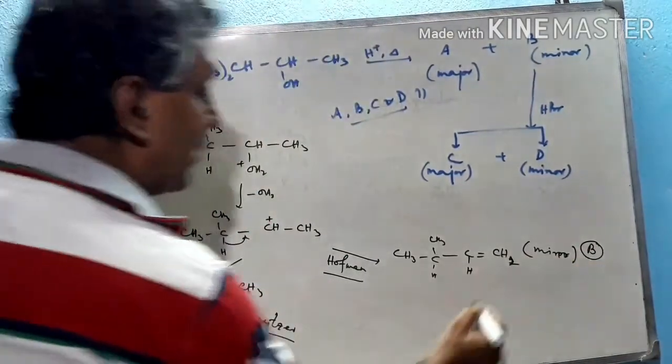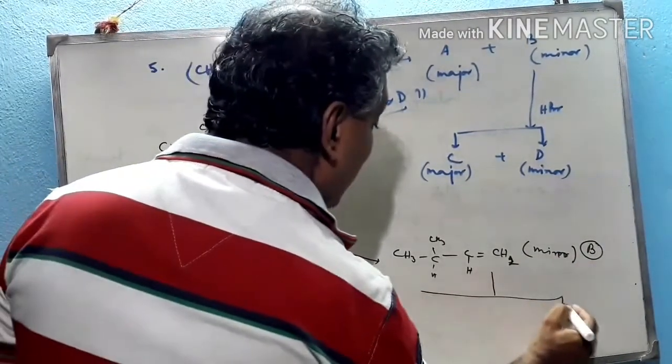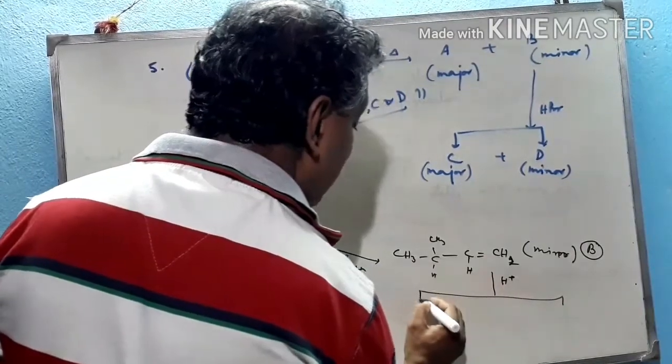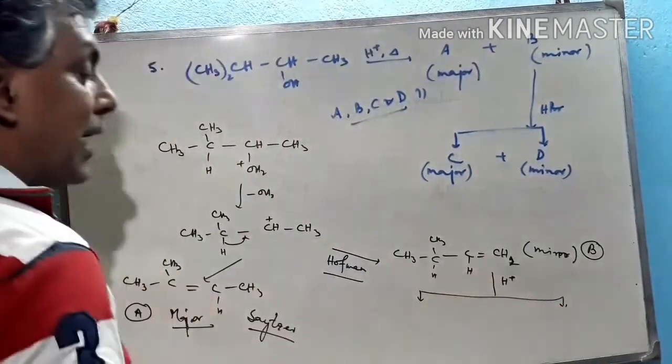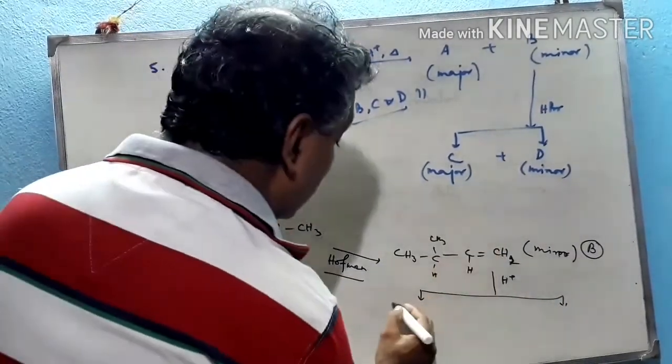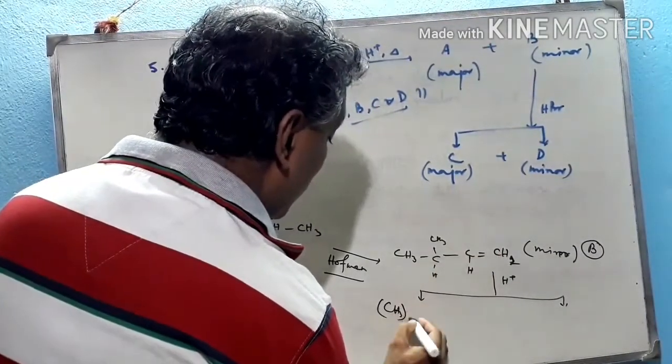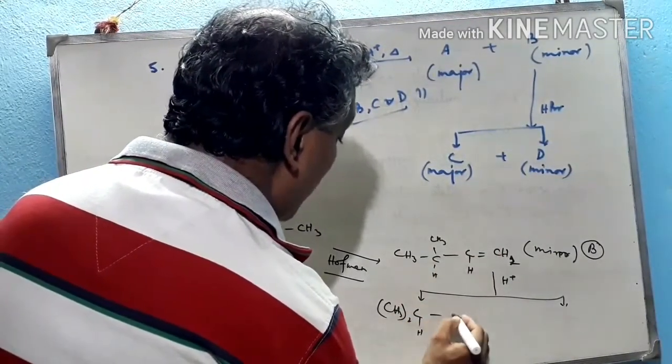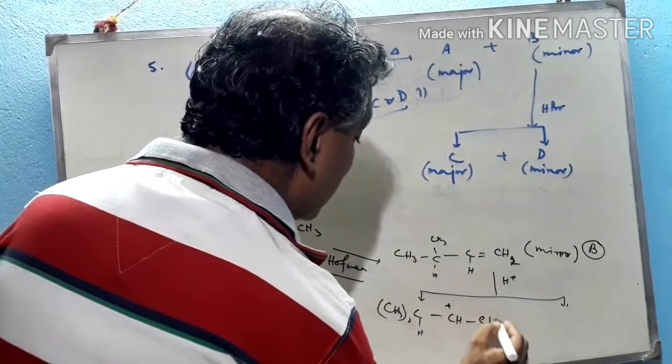Now B when treated with HBr, first it is treated with H plus. So it generates a carbocation at this carbon, (CH3)2CH-CH plus-CH3.